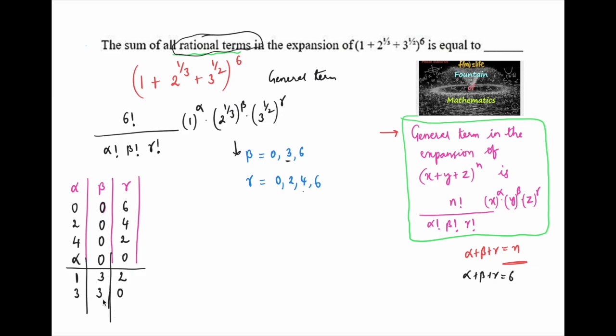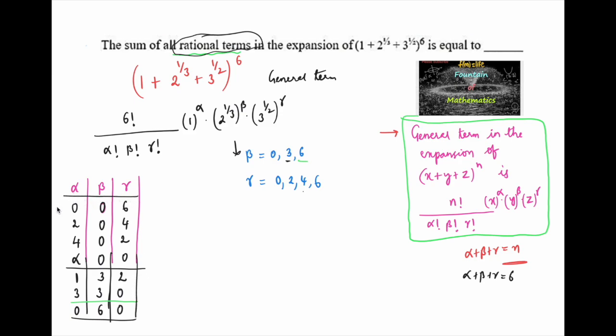So only 2 possibilities with 3. Next, if β is equal to the next possibility 6, then γ equal to 6, 4 or 2 is not possible because the sum exceeds 6, so only 0 is possible, and α is also 0. So this is only one possibility.